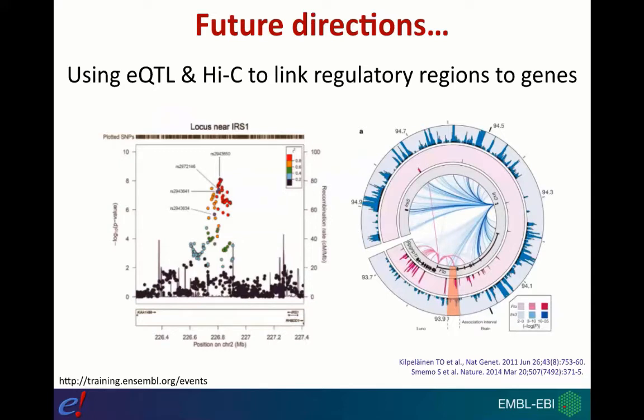Some of the data that we're looking at using to try and make these associations is firstly eQTL data and also Hi-C data that is currently being produced, published, and made publicly available, which we'll be able to then import and use in our own annotation process.